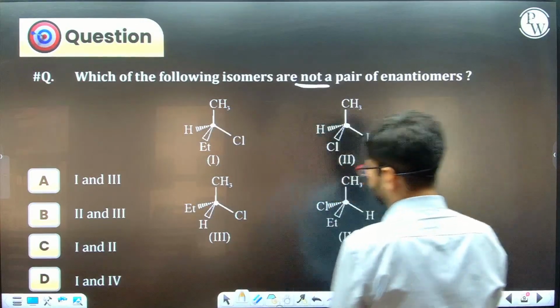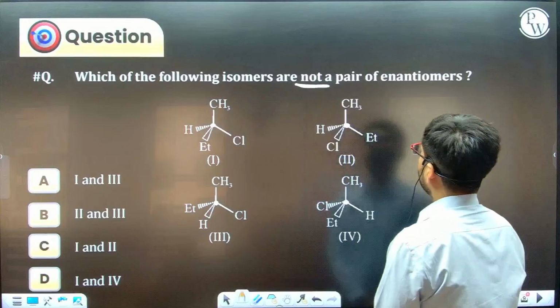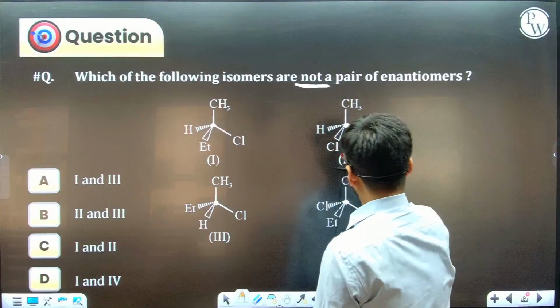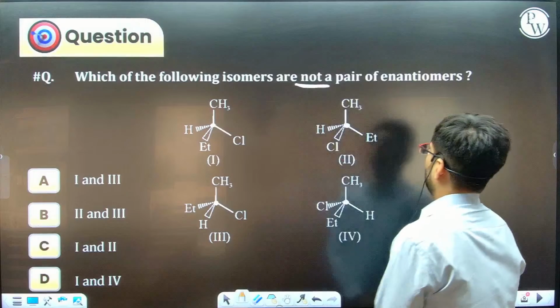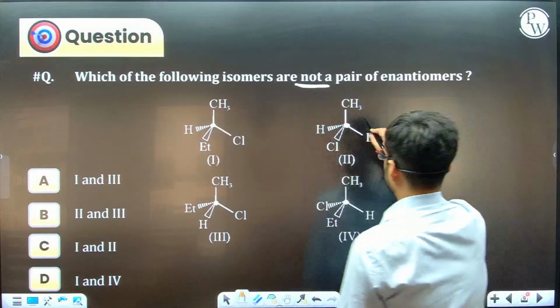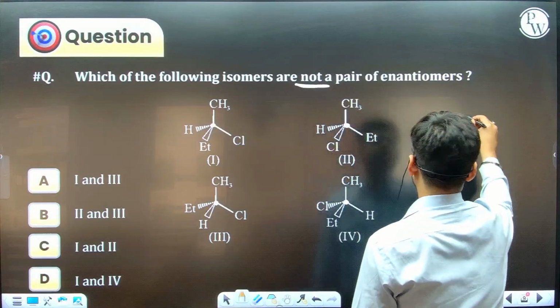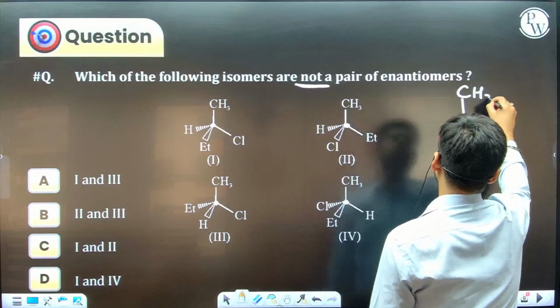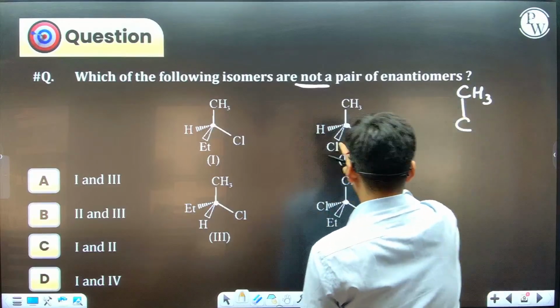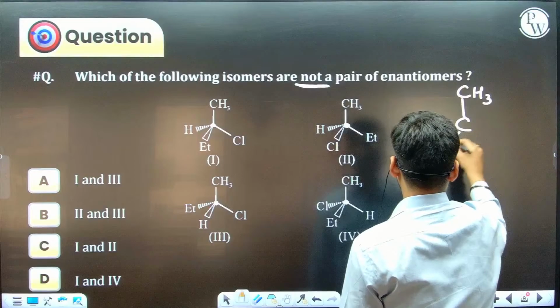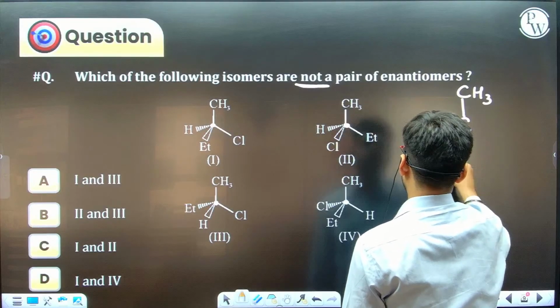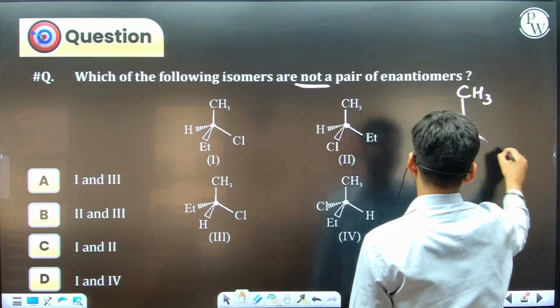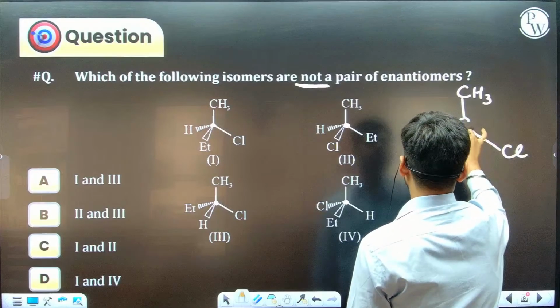Perform 2 swaps. Okay, so let's randomly pick this one. If I perform 2 swaps around this, let's say I perform a swap between Et and Cl. So here Et and here Cl.